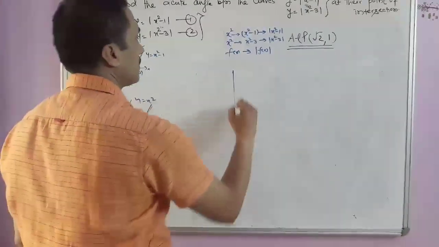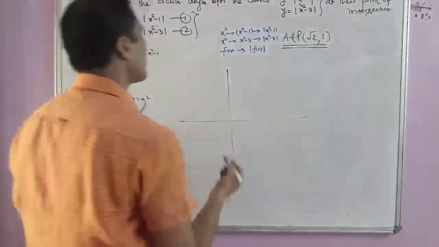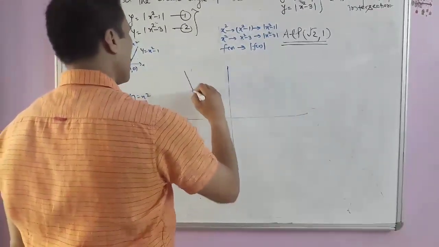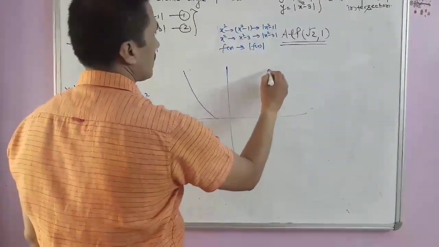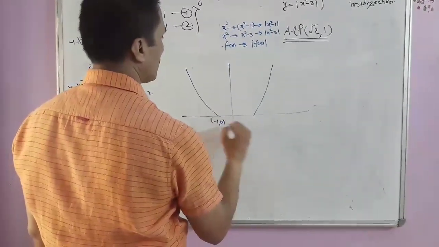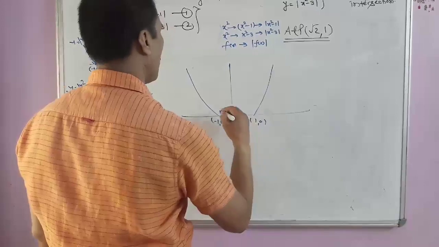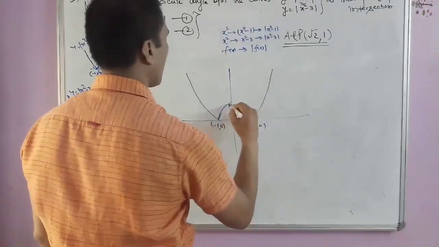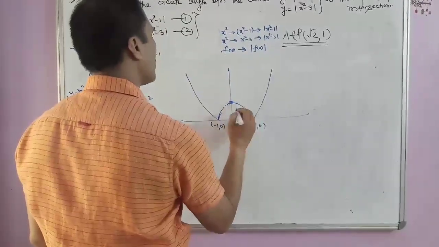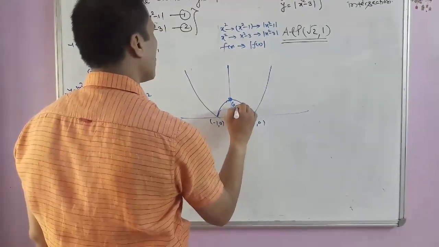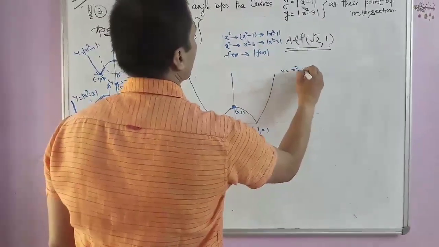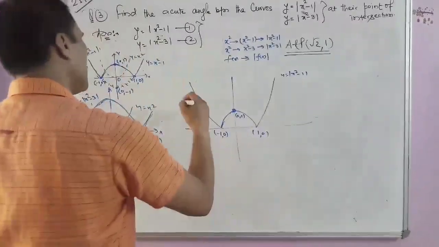Keeping these two together: −1, 0, (1, 0), this is (0, 1), y equal to modulus of x² − 1.